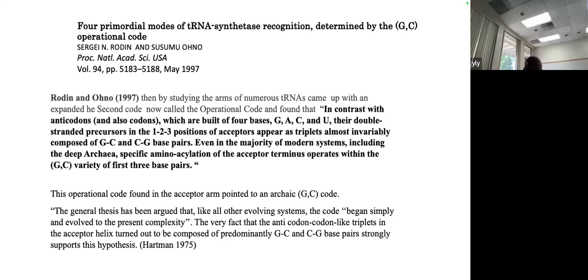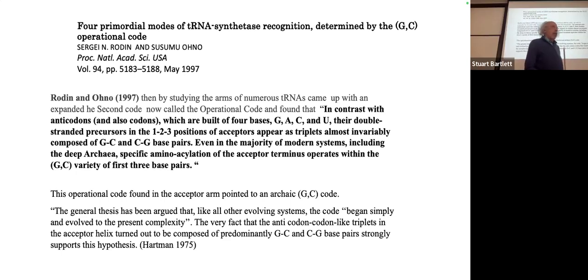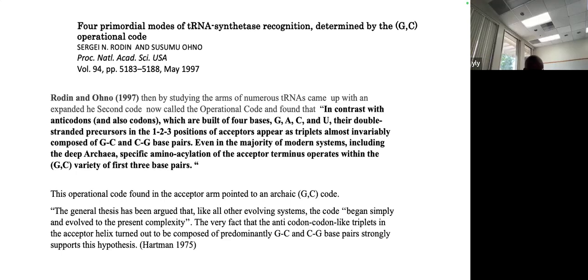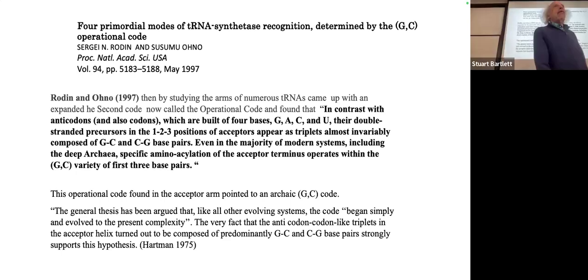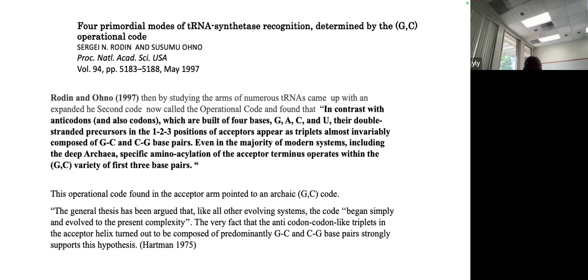And they give the reference to Hartman in 1975. So the GC code, which was predicted in 1975, was found in the arm of the tRNA in 1997.